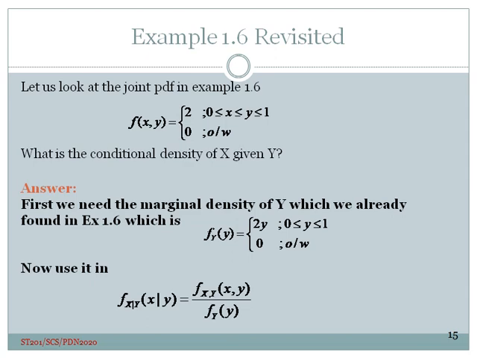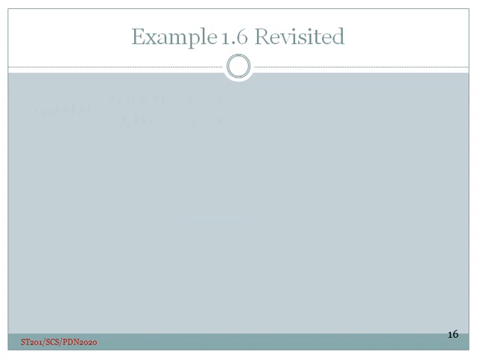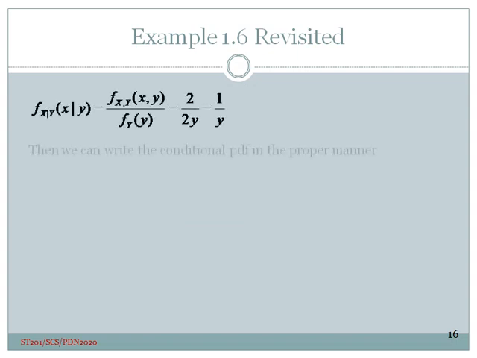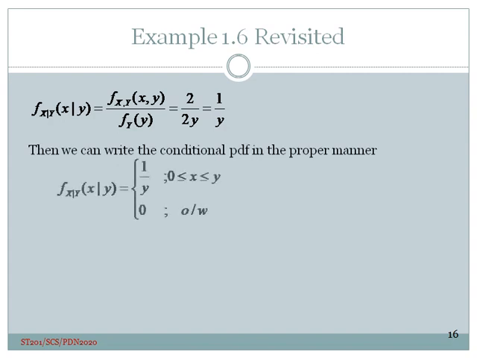Applying the values we already found in example 1.6 in this equation, you can find the conditional density of x given y. And it will be 1/y, and remember the support of x is now from 0 to y.